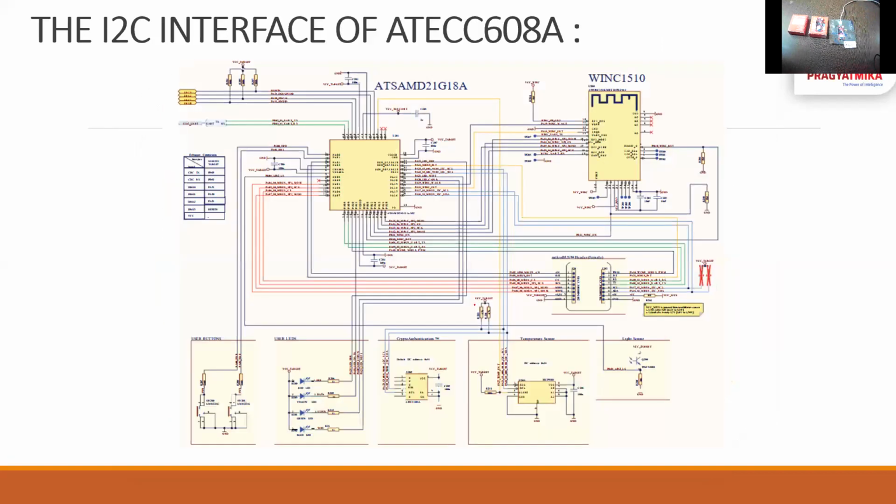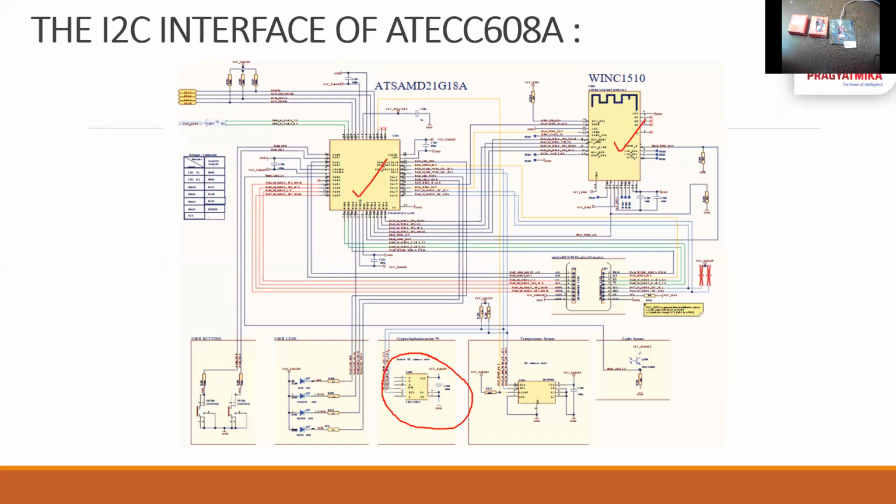You can see here the I2C interface. This is one small schematic that I'm showing you for the network communication. This is your SAM microcontroller, this is our WINC, and here is this ATECC.